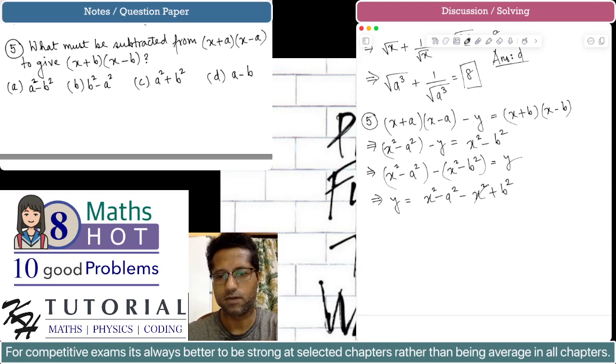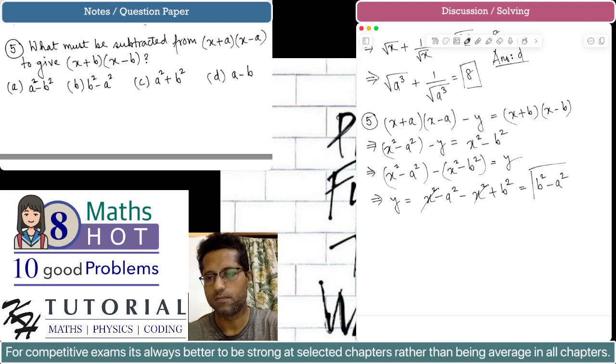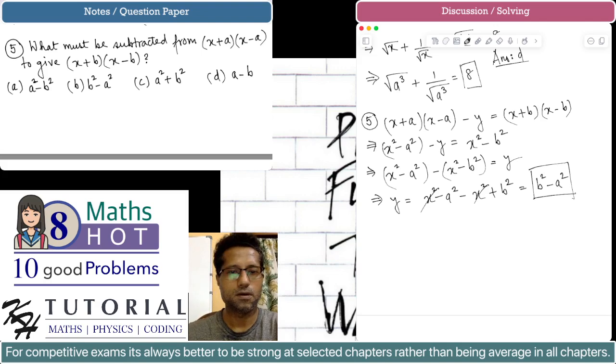X square cancels out, and we are left with b square minus a square. So the expression that needs to be subtracted from x plus a into x minus a to give x plus b into x minus b is b square minus a square, and hence the correct choice is B. B is the correct choice.